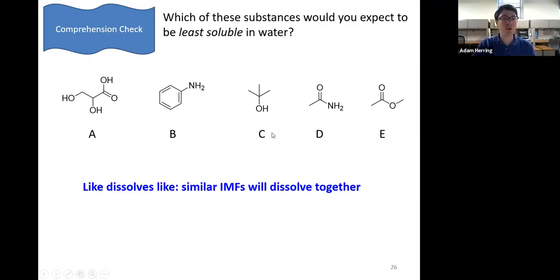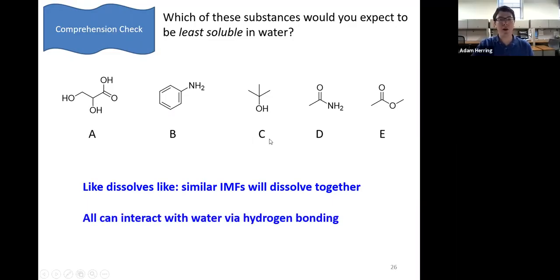We know that water is a small molecule, it's very highly polar, and can participate in hydrogen bonding. When you evaluate each of these 5 molecules, we see that they also have polar regions and can interact through hydrogen bonding. So the one that's going to be least soluble is the one that's least like water in terms of its overall characteristics.